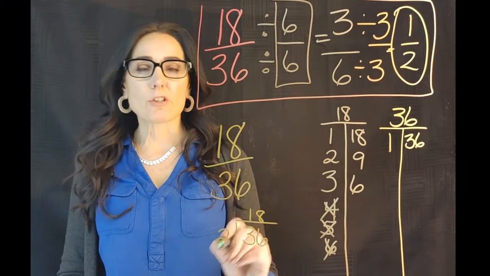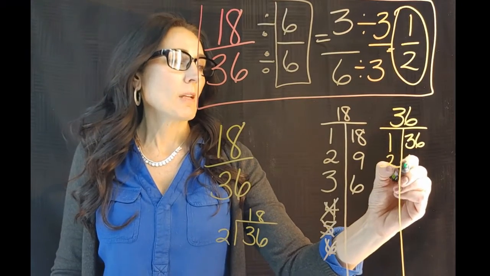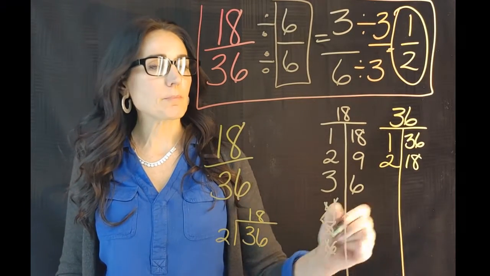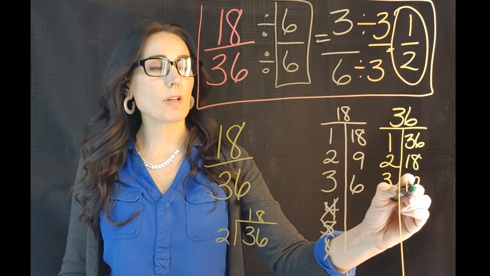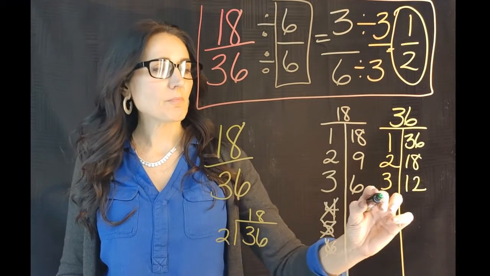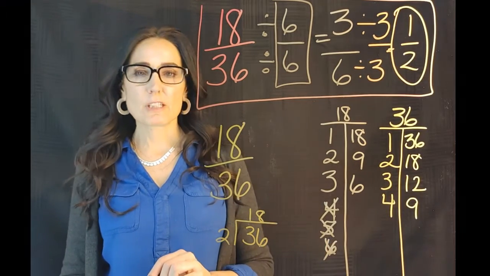So when I do that division problem, eventually I'll get the answer of 18. So we would say 2 times 18 is 36. 3 times 12 is 36. 4 times 9 is 36.